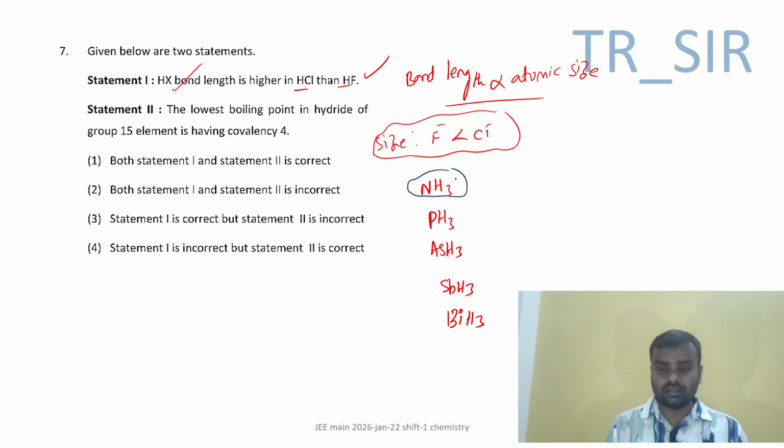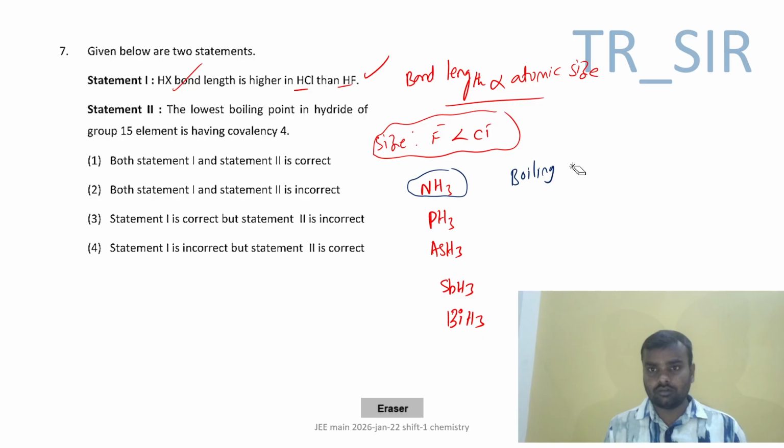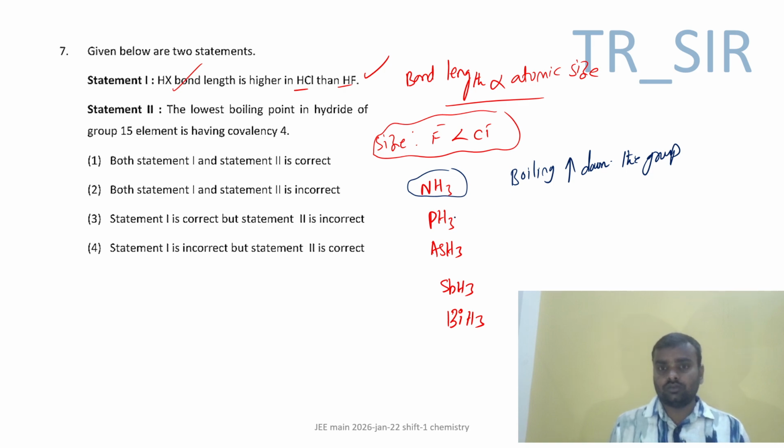Down the group, boiling point increases. So phosphine will have the lowest boiling point.